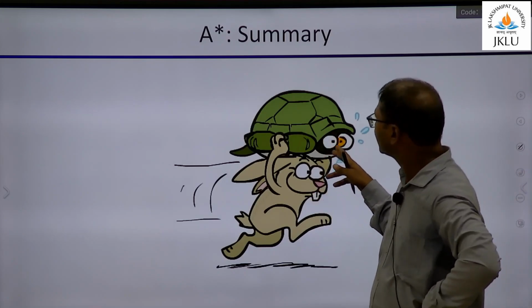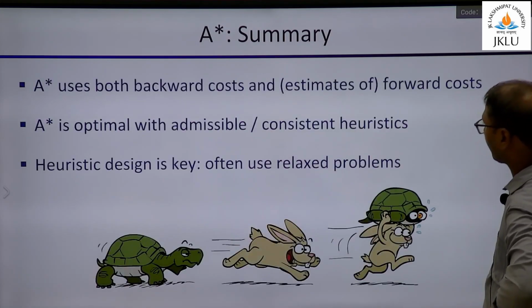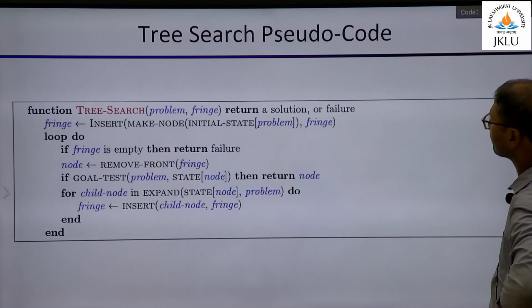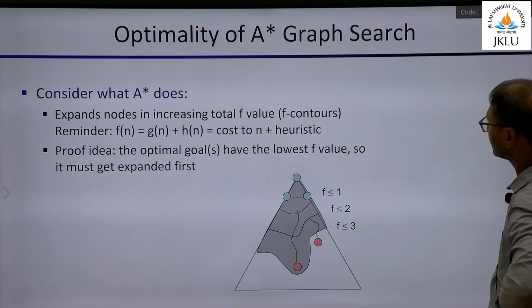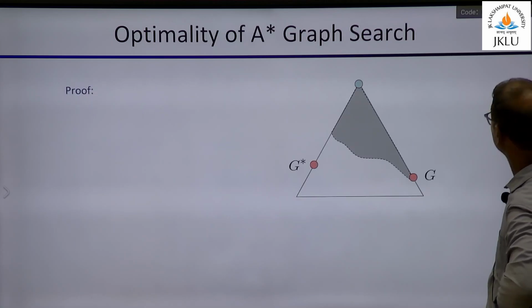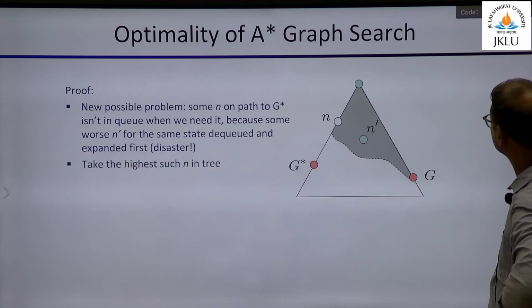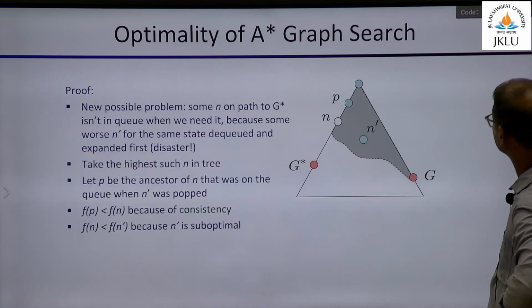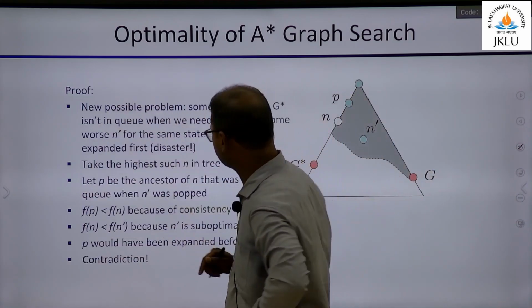This is what we were talking about. I will leave this proof as a homework. The proof is same as before, a couple of facts are changing. You can look at that.